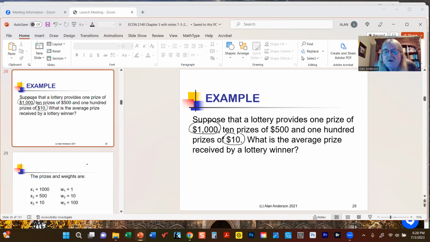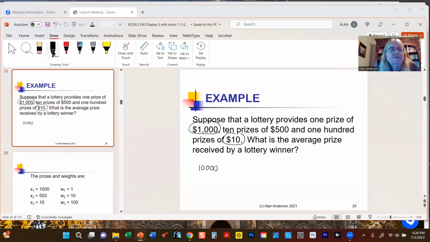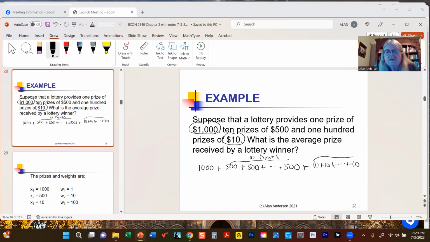By the way, you could actually do this the same way we did earlier by just writing out these prizes. What we have here is a single $1,000 prize, and then we have a bunch of $500 prizes. I'm not going to write them all out, and then for the tens, there's 100 of them.